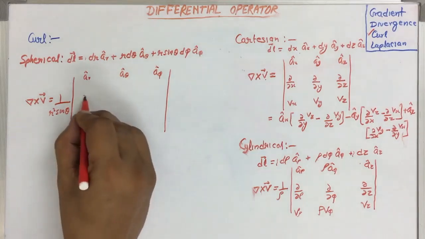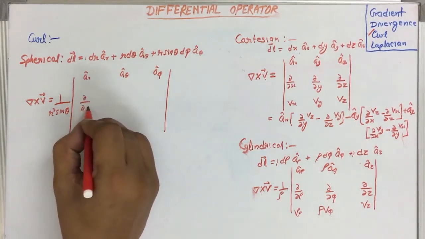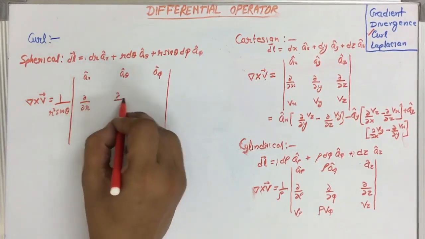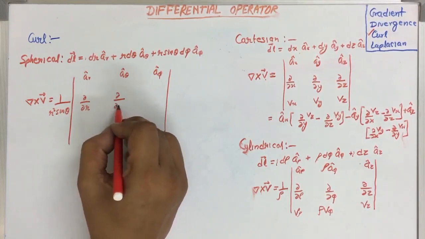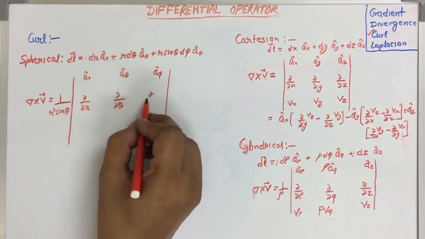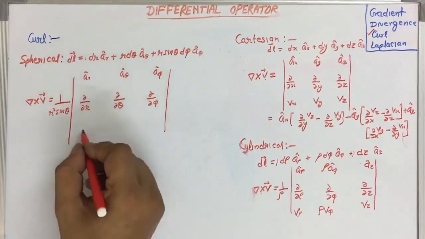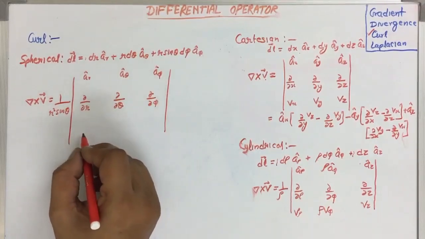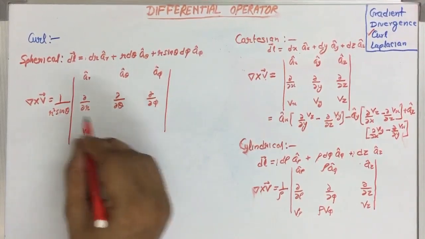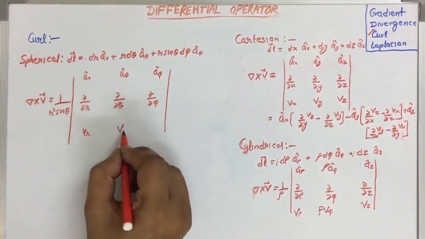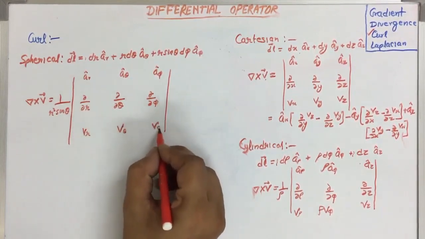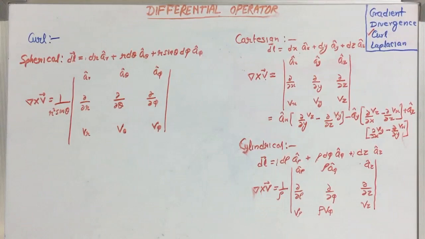Again just write del over del r, del over del theta, del over del phi. Here we will write the components Vr, V theta and V phi. The components we have written.